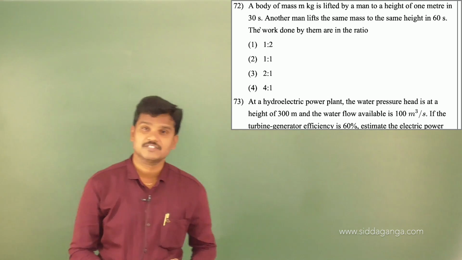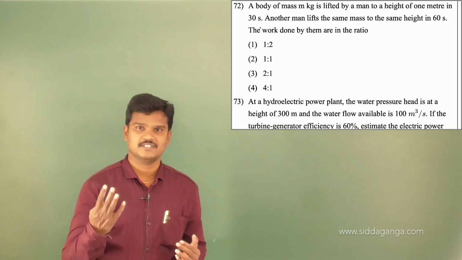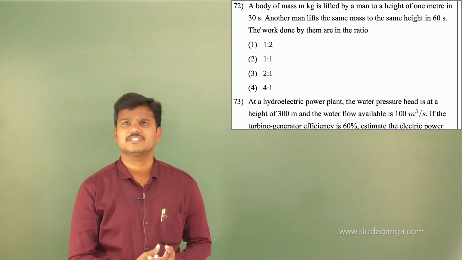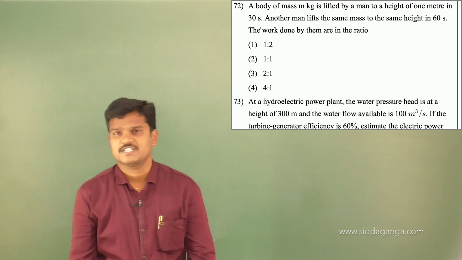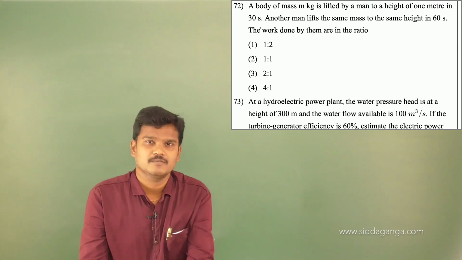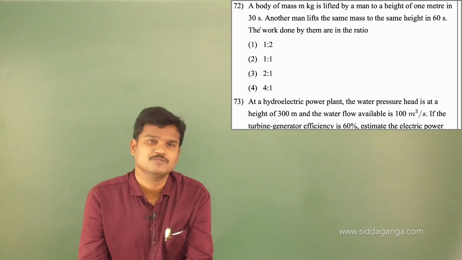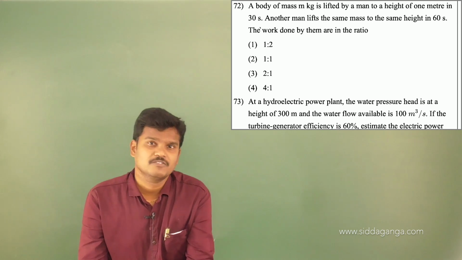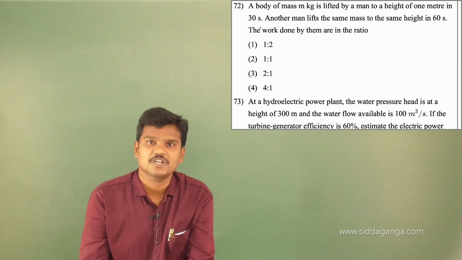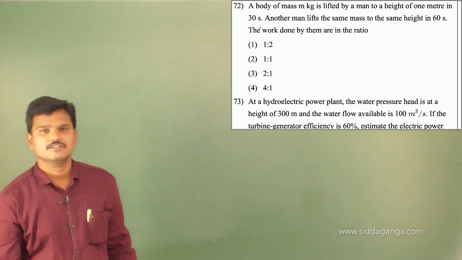It depends on gravity and height, that is, at what height the body is raised. This work is done in the form of potential energy, so it depends only on height but not on time. Independent of time means the ratio is 1:1. No change, 1:1. Go for the next question.